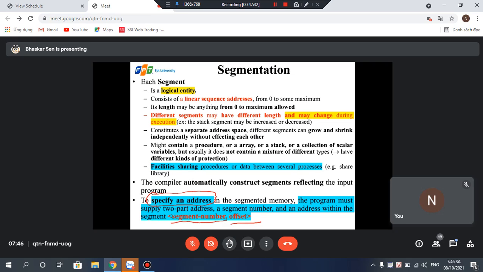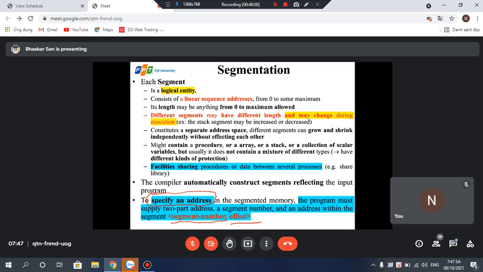So since it is the compiler that will apply this technique of segmentation, you as a programmer will have to shoulder some responsibility too.